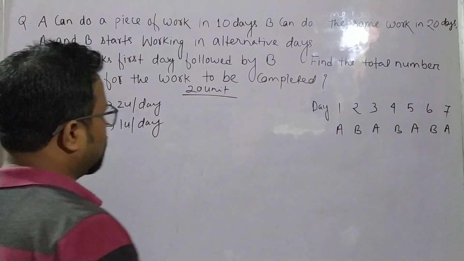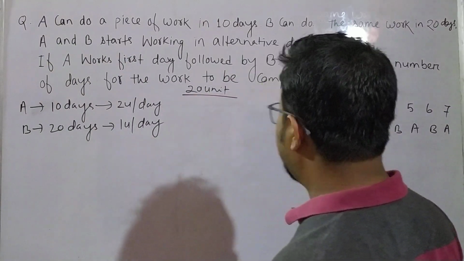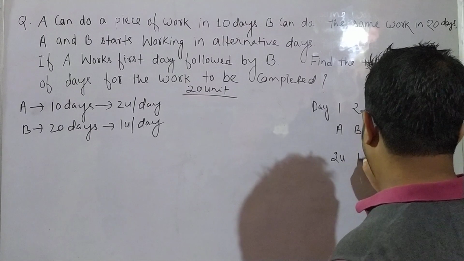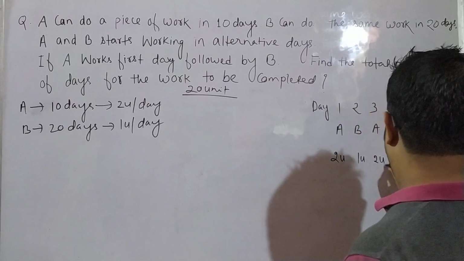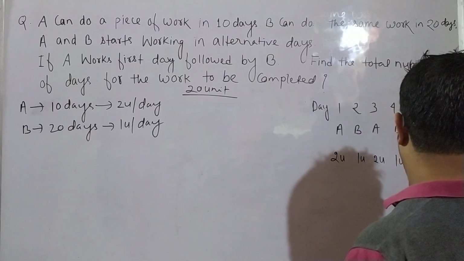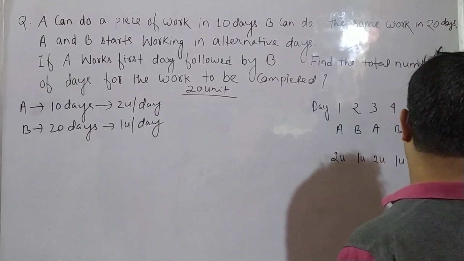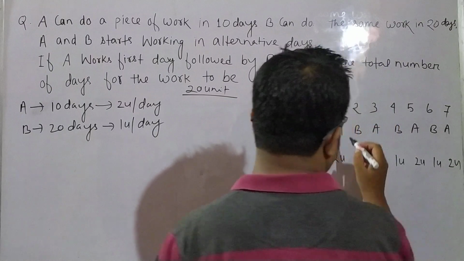So here A is again the same thing, 2 units, 1 unit, 2 units, 1 unit, 2 units, 1 unit, again 2 units. It's like this.